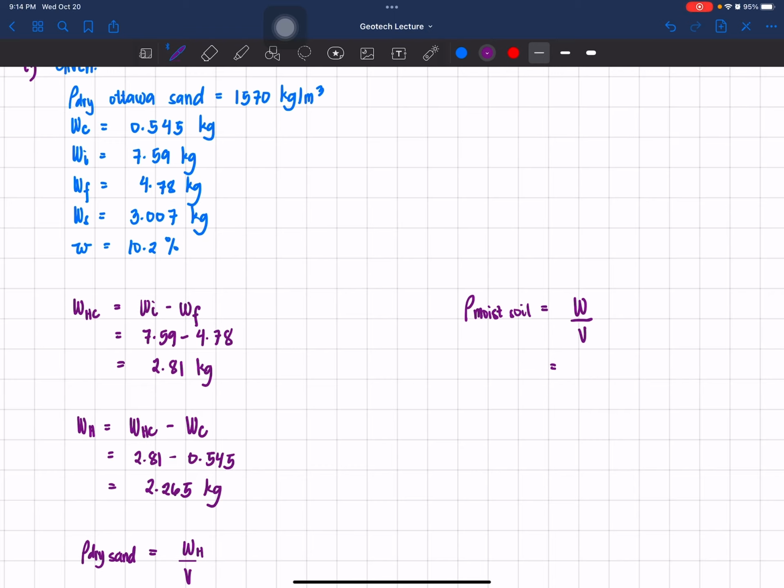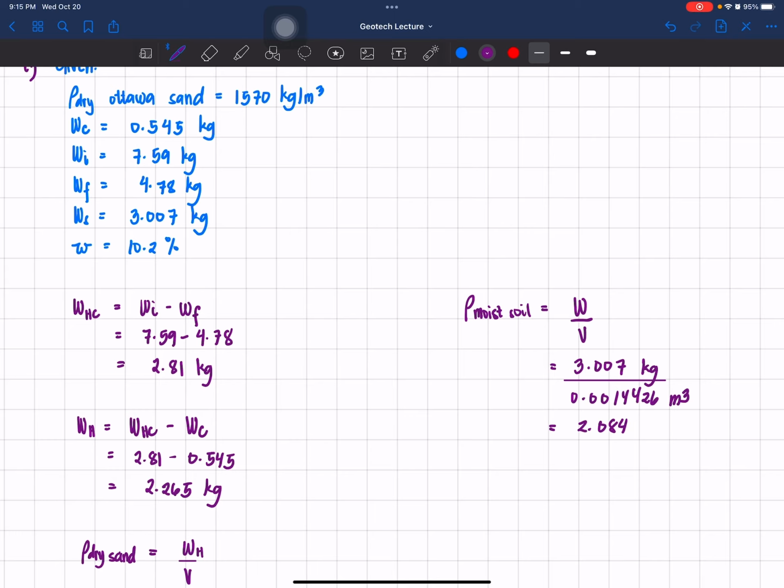So, what is the moist density of the soil? That is 3.007 kilograms all over, what was the volume we computed earlier? 0.0014426 m cube. And this is now equal to what? 2.084, or should I say 2084.